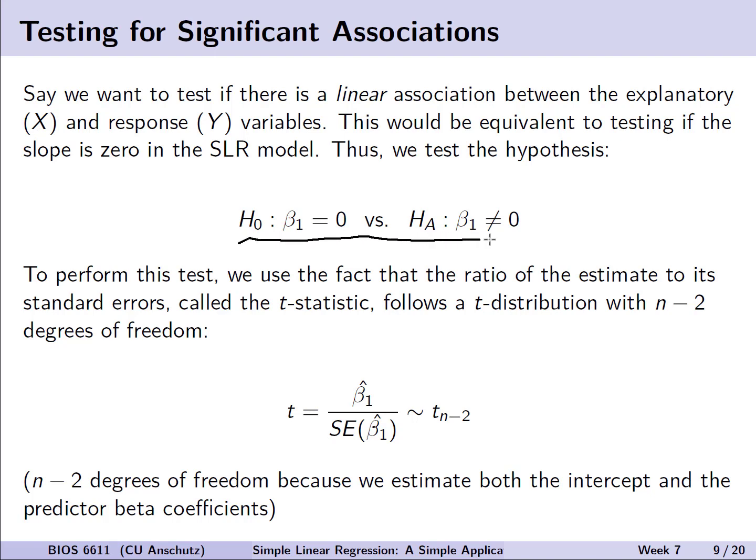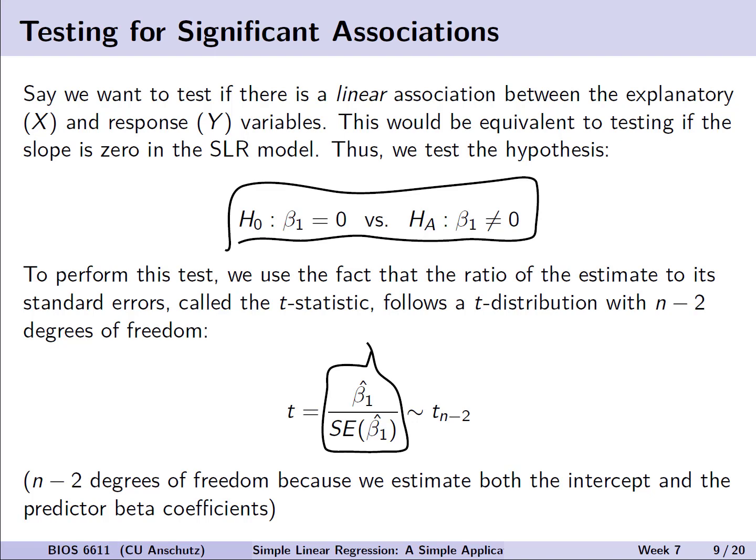Hence, we can actually test the null hypothesis that our slope parameter beta 1 equals 0 versus the alternative hypothesis that it's equal to anything other than 0. Now, to actually conduct this test, we can use the fact that we can take a ratio, as we see down here below, of beta hat 1 divided by its standard error, which is a t-statistic and therefore is going to follow a t-distribution with n minus 2 degrees of freedom.